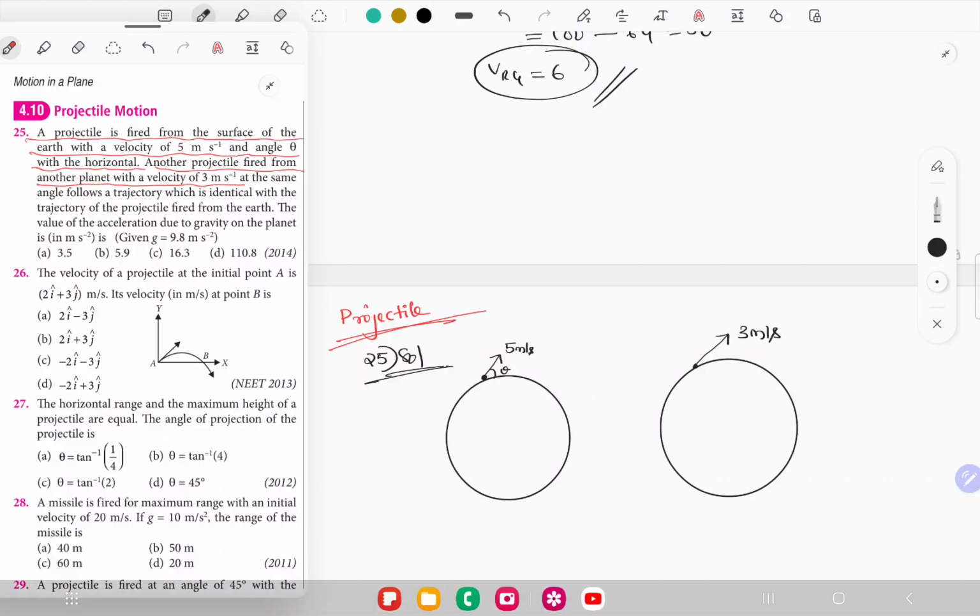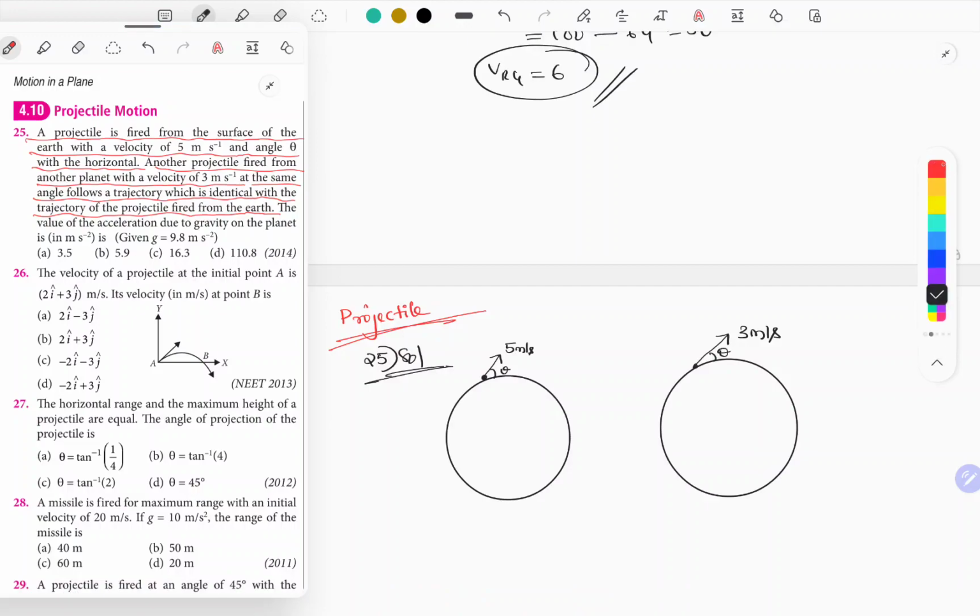at the same angle, and it follows a trajectory which is identical with the trajectory of the projectile fired from the earth. That means the path of this projectile is the same as the path of the projectile which is fired from the surface of the earth, like this.